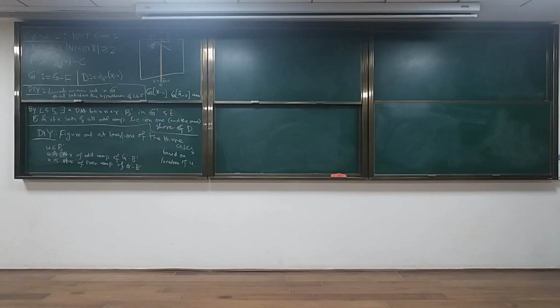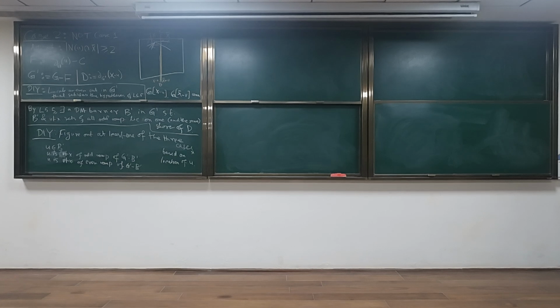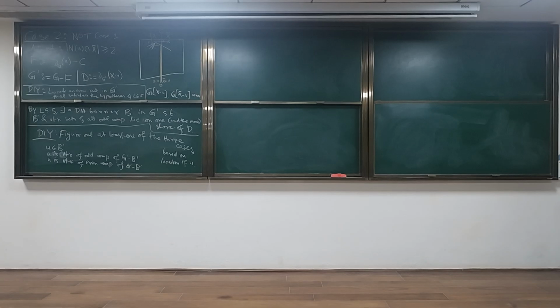Then do you agree that B prime is non-trivial? Then you are done. The only issue is what if B prime is exactly the vertex U? Okay, so I'll give a hint. Anybody else? Okay.